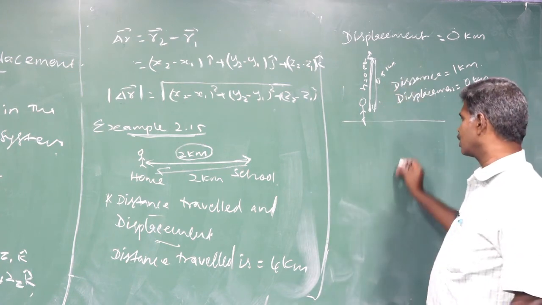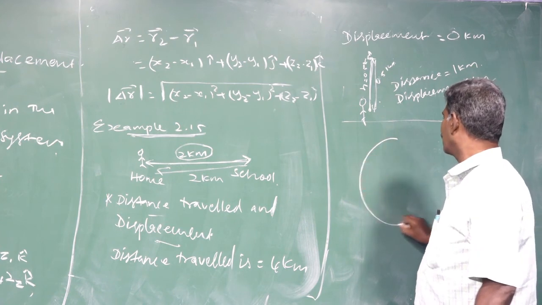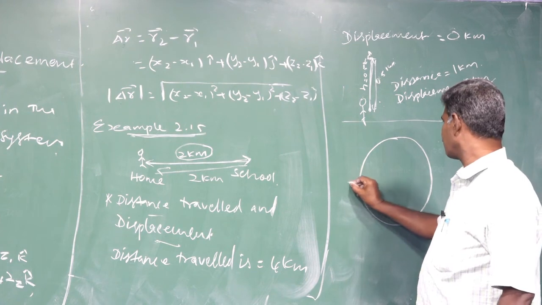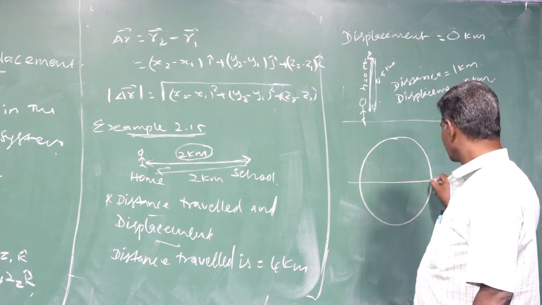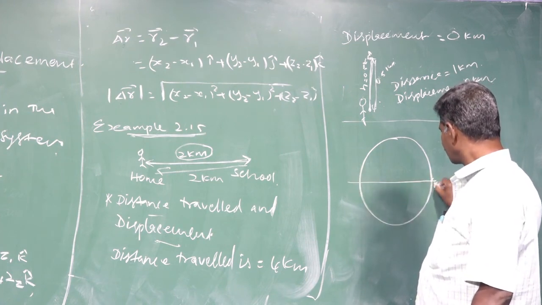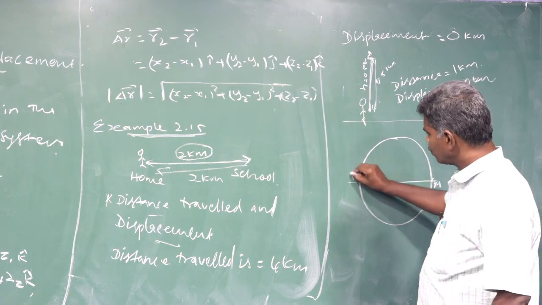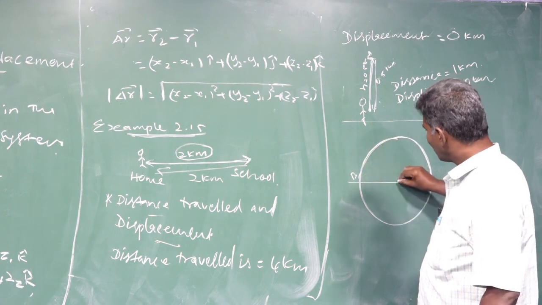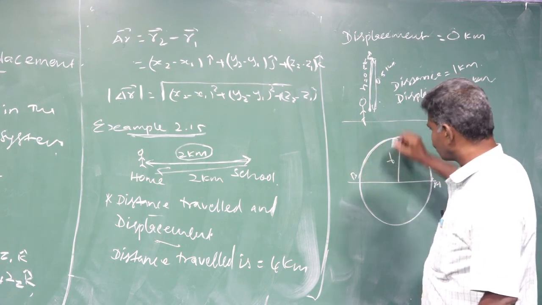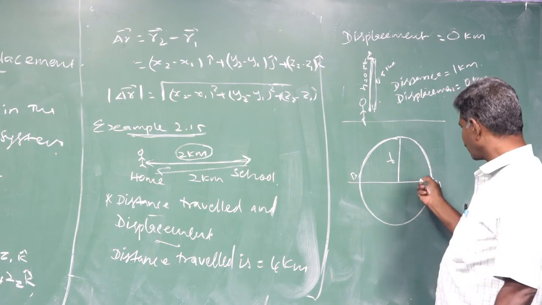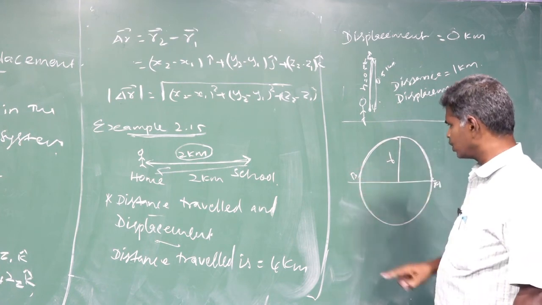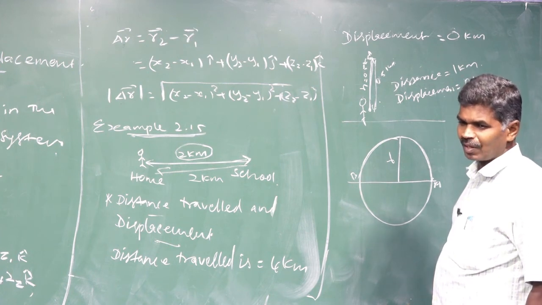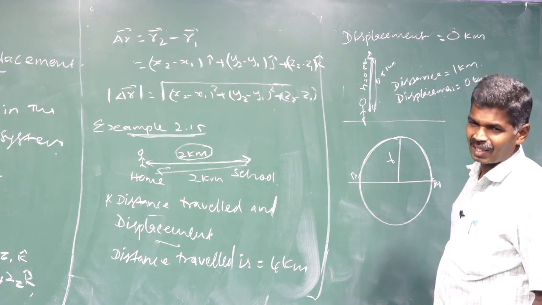Another example is a circular path, which can be taken in a 3-dimensional manner or a 2-dimensional manner. Here, 2-dimensional manner only. We are traveling from this A position to that B position through the circumference of the circle, which has the radius r. If we move from A position to B position, we can take both distance traveled and displacement.